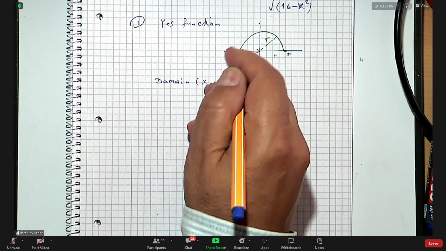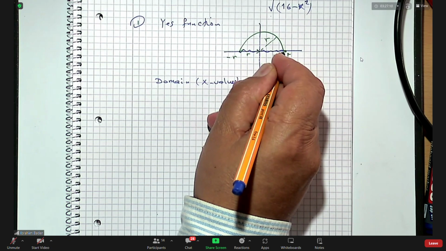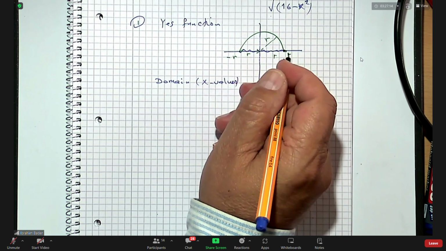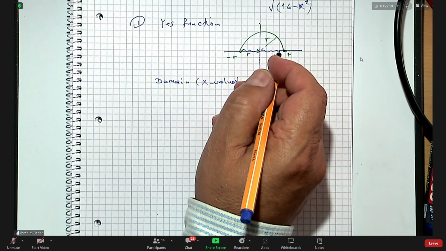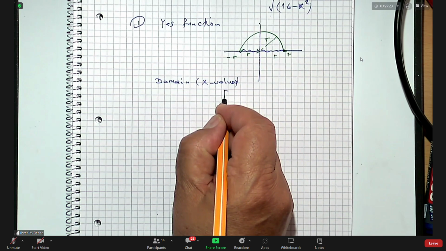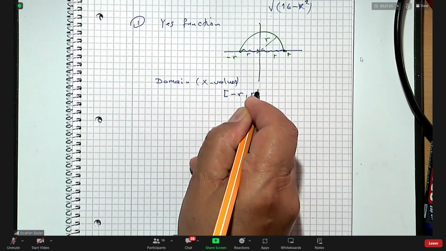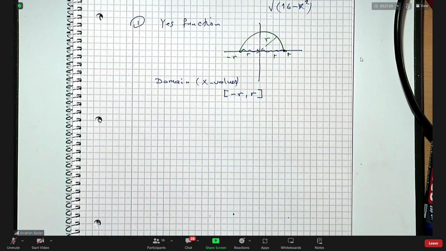So here you have the value. This is the domain. Obviously, these are the x values, right? So the domain is, if you like, negative R to R as an interval.